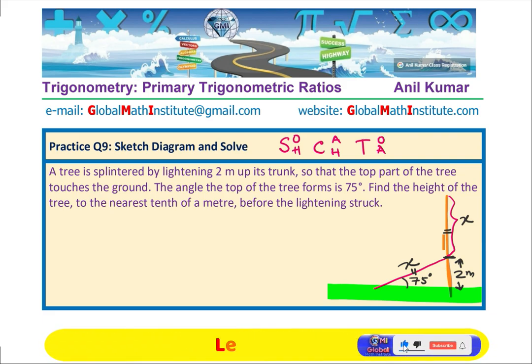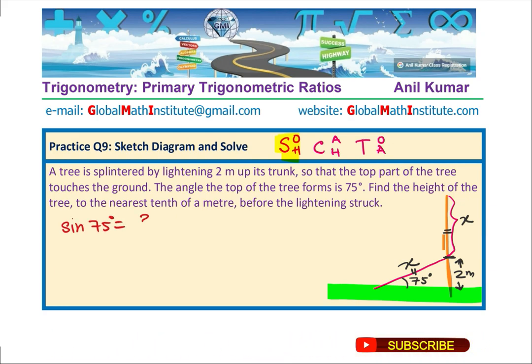Well, from 75 degrees, we are given the opposite side and the hypotenuse, which we need to figure out. That means we are working with sine, right? So we can say sine of 75 degrees is 2 over x. And therefore, x is equal to 2 over sine 75 degrees. Make sense?